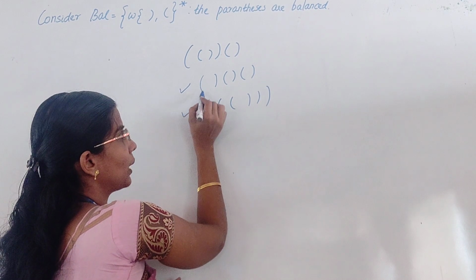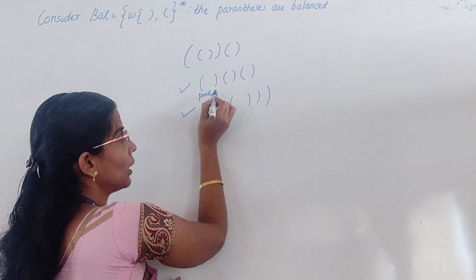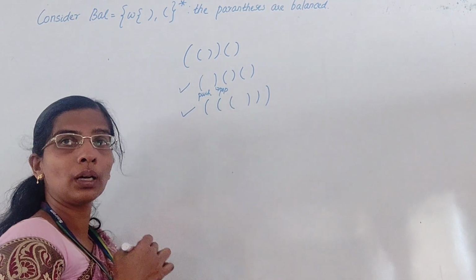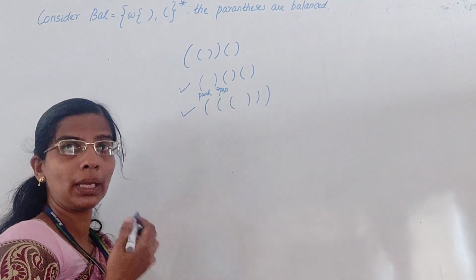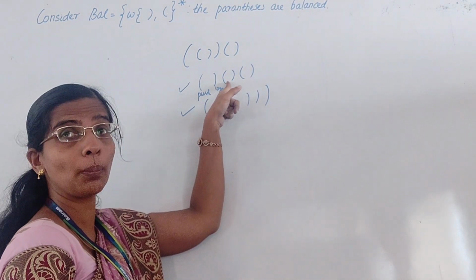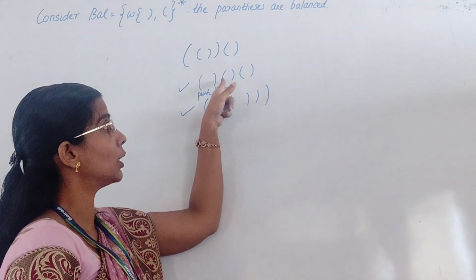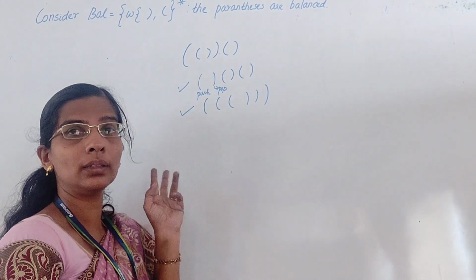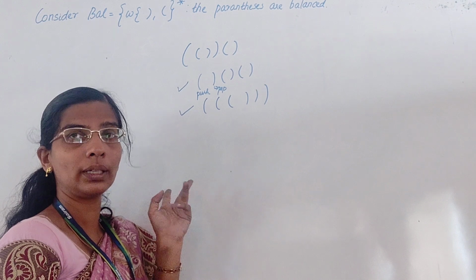Suppose for open parenthesis I push into my stack, and for closed parenthesis I pop, and while doing this popping, if I make a state change, it will be difficult, because again next I have to push, then pop, push, pop. This operation is coming alternatively.